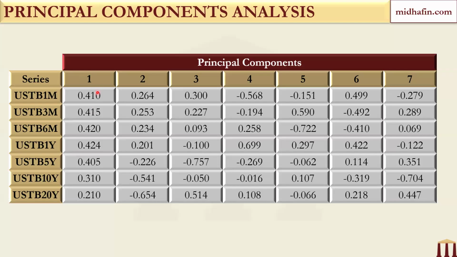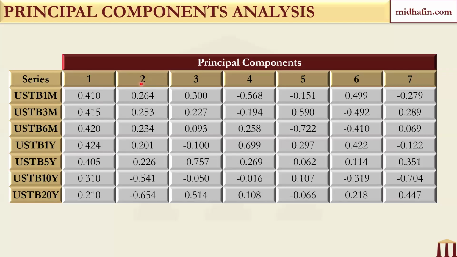So this first principal component represents a parallel shift in the yield curve. It means that all interest rates will either move up or down together by the same amount. The second principal component captures a twist. Twist means short-term rates are going in one direction and long-term rates are moving in another direction.